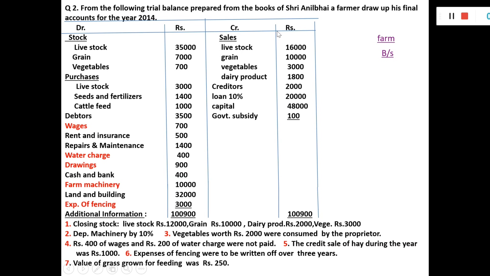Credit side amount. So the sales: grain 10,000, vegetable 3,000, dairy product 1,800 will be shown credit side of the farm account as incomes.